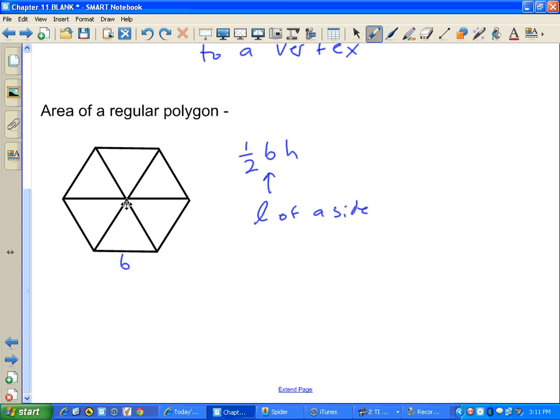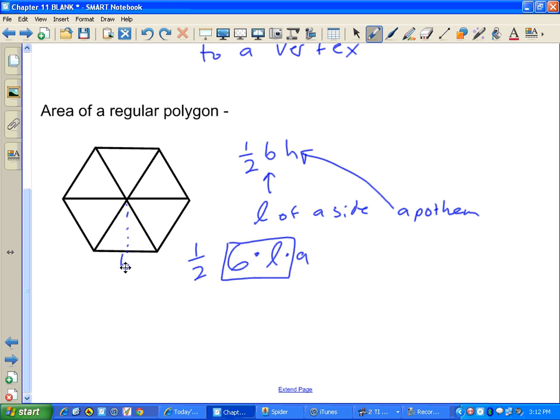The height is actually our apothem. If I take half, that'd be the area of this. Now, I've got 1, 2, 3, 4, 5, 6 of these triangles. I have 6 sides on my shape. So I have 1/2 times 6 times the length of a side times my apothem.